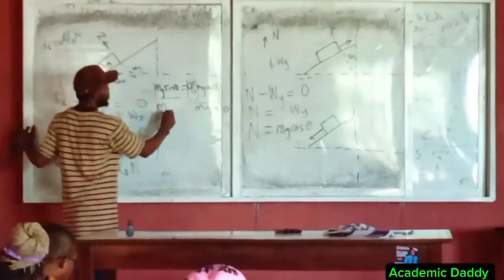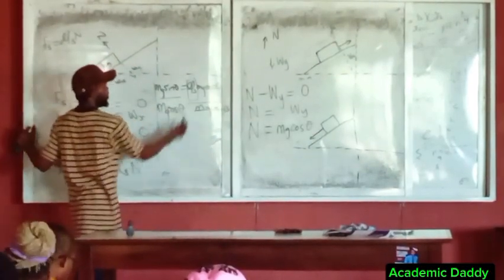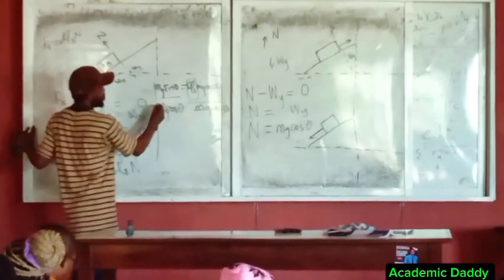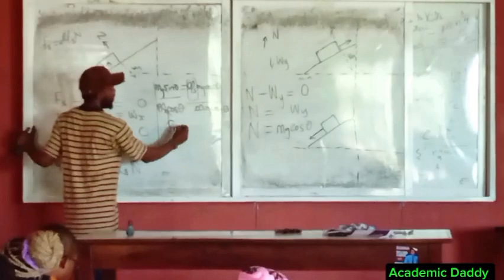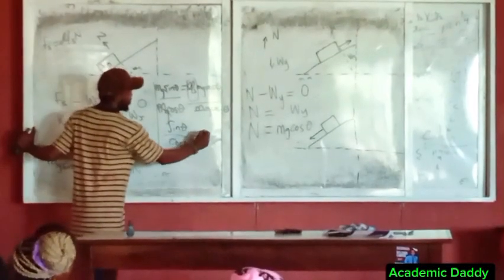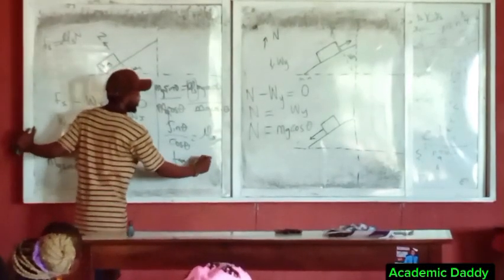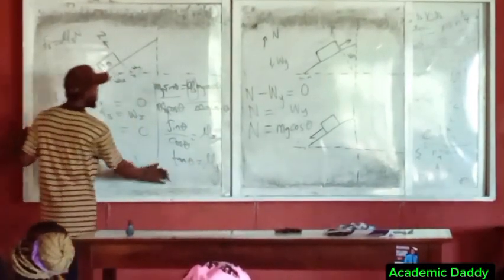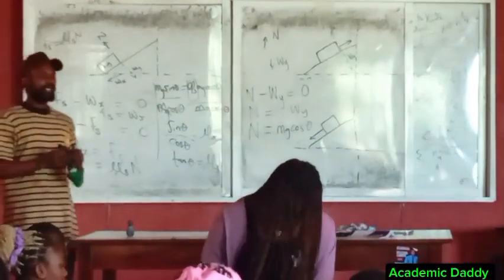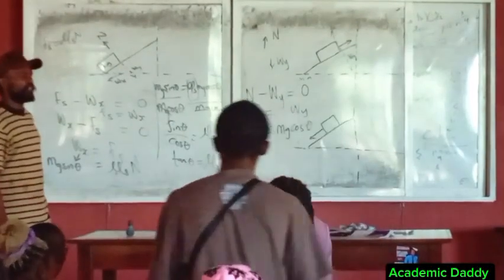I can cancel, so I'm left with only the coefficient of static friction. This cancels this, so I'm left with sin theta over cos theta, which gives me tan theta.